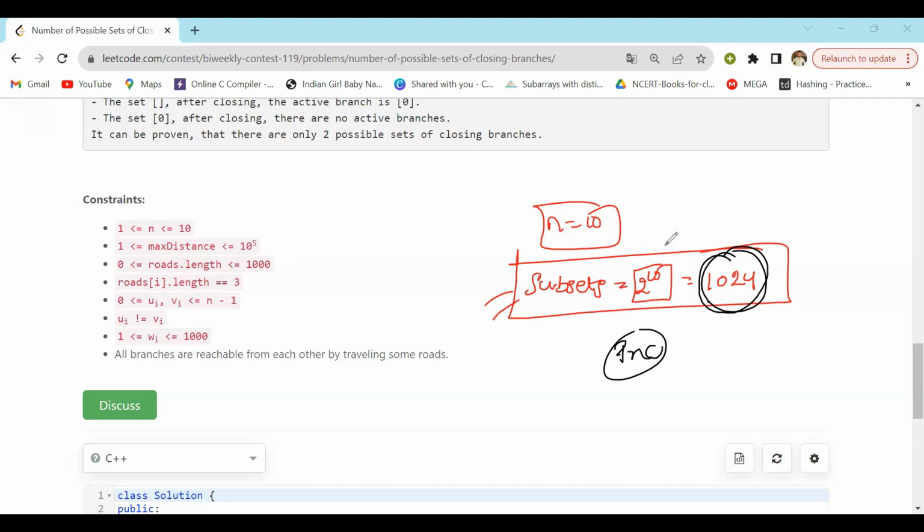We have to check whether that subset has all the roads which are reachable within the maximum distance limit. How to check that? Let's say we have a subset. From that subset we can make a graph.